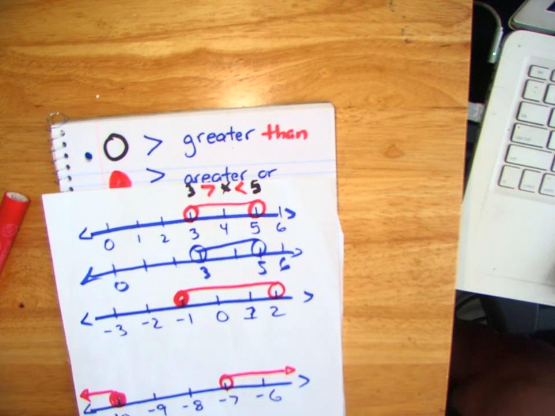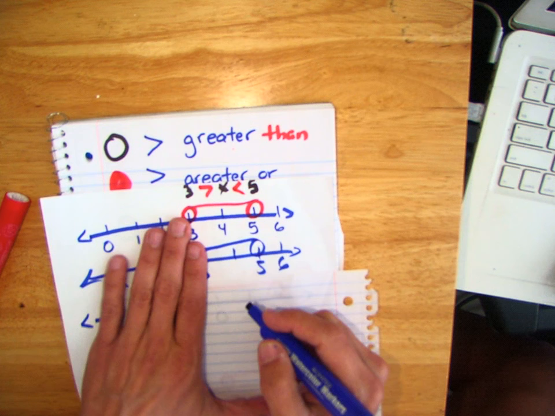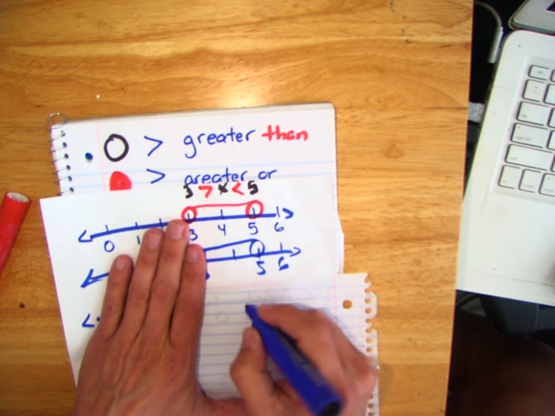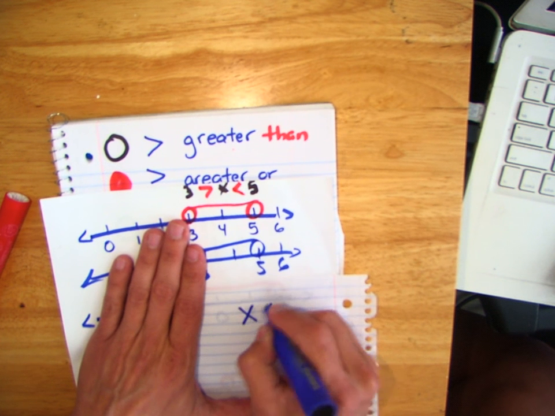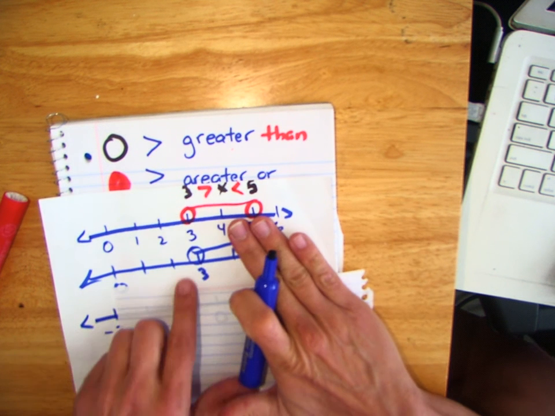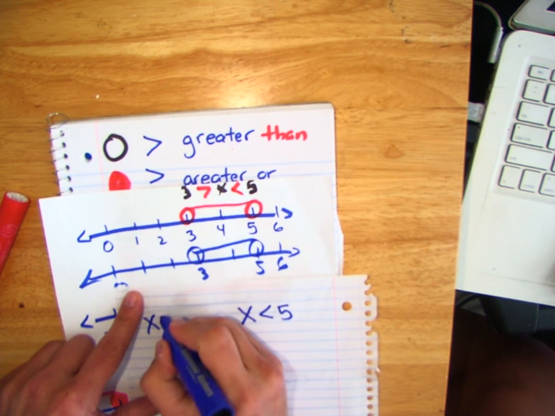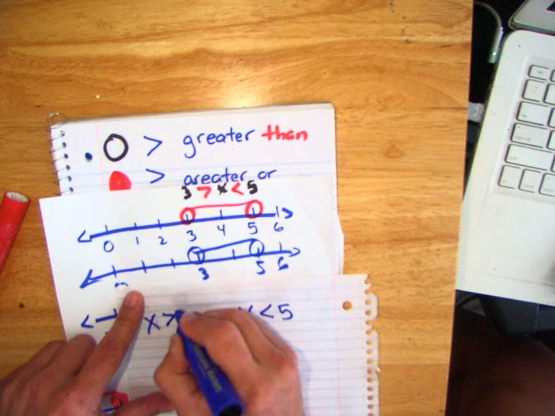And then we get a separate sheet of paper so you guys can see it. All right, so you're going to do the first inequality. So x is less than 5. Okay, and then you're going to cover this side, and this is going to be x is greater than 3.